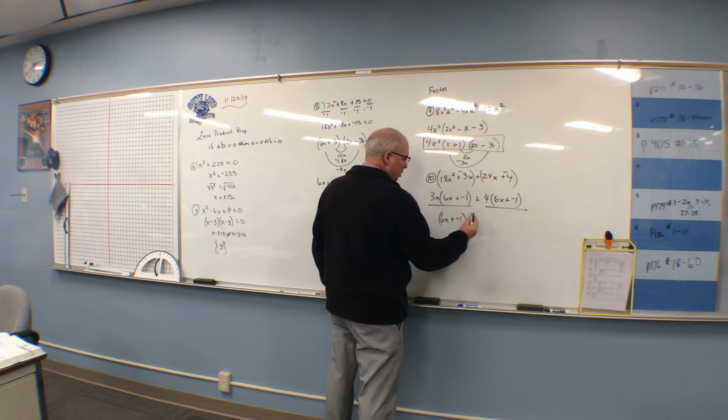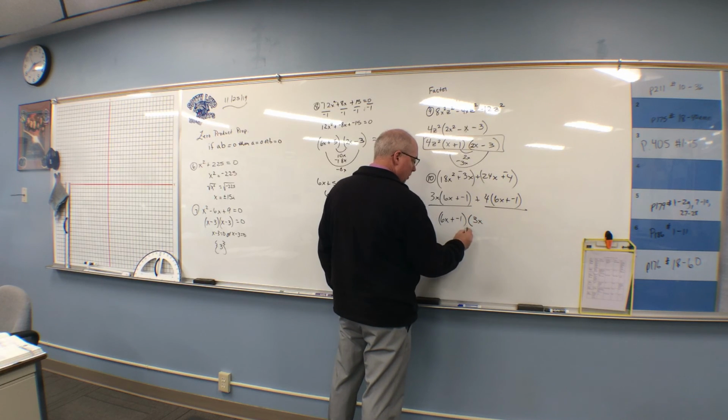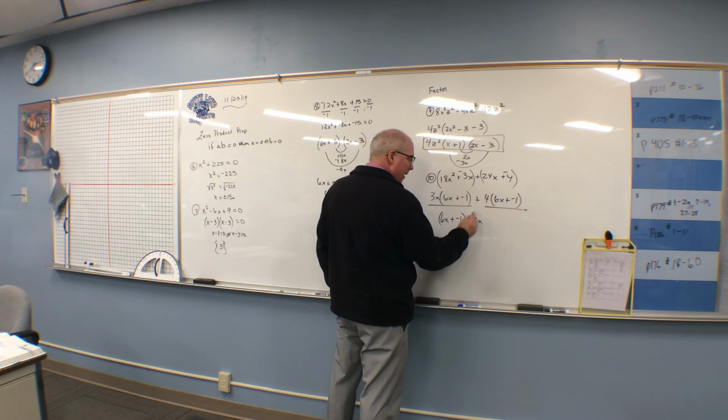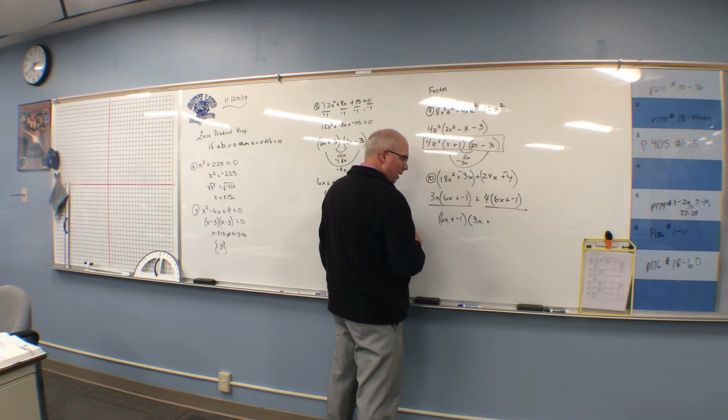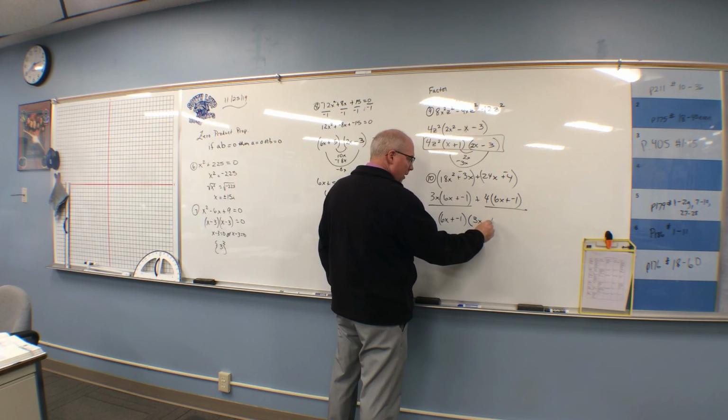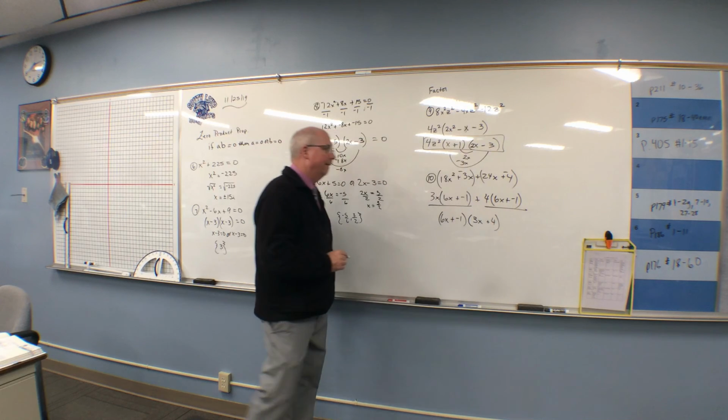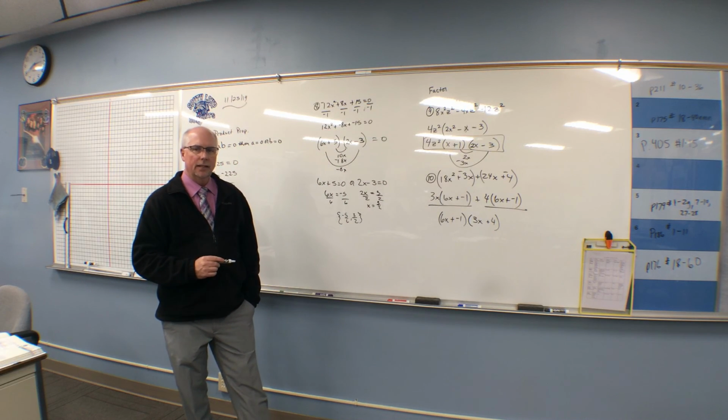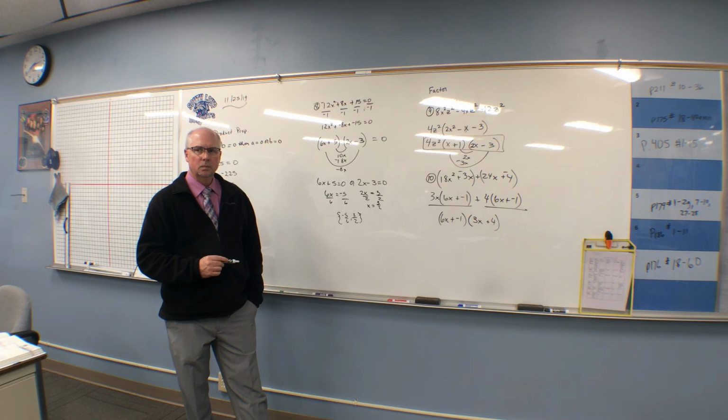If I take it out of this term, I leave, notice this is multiplication, not an addition sign, because this addition sign goes right there. So this is 3x, and this is 4. And that's how you factor that. So that's the answer.